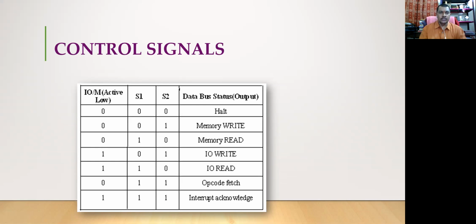That is the status control signal. And lastly 111 means that there is an interrupt, and the interrupt is being acknowledged by the 8085 microprocessor. This is the control signal. So you remember this IO/M bar, that there was a signal, and the status signals, that is S1 and S0.